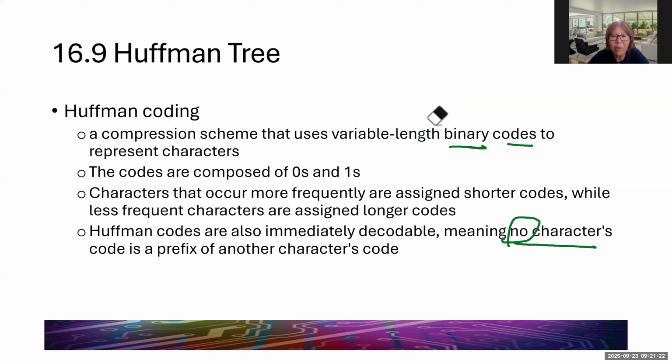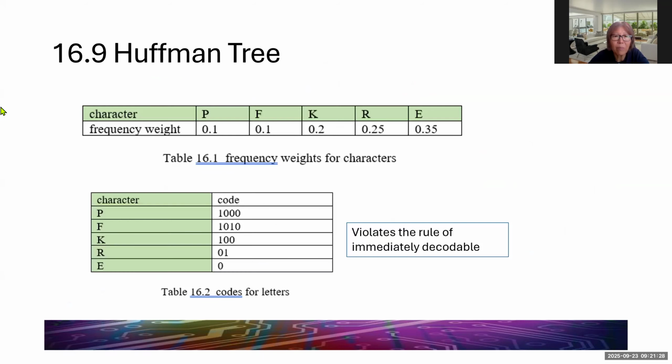With this definition, let's see how we do it. Here gives us some idea. Suppose you have a paragraph or article that has a lot of characters, and you can count the frequency and give the frequency weight.